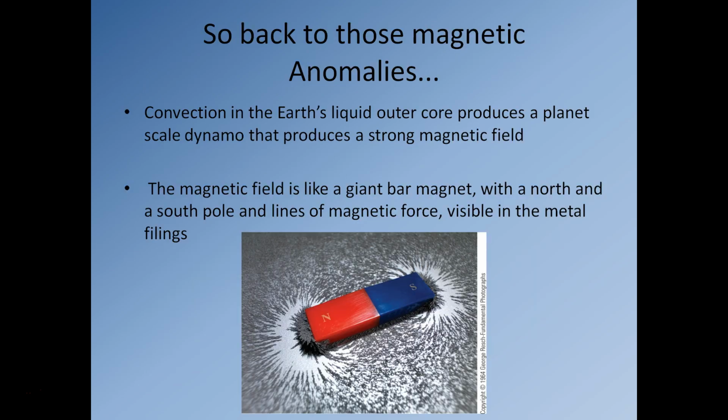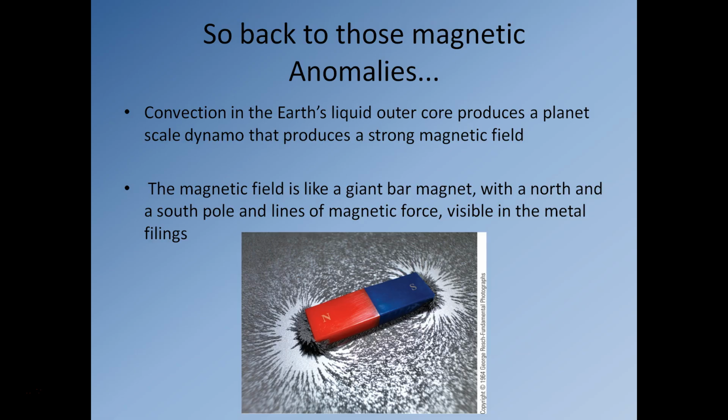I do apologise. Okay, so we're just going to quickly jump back to those magnetic anomalies that Drummond and Vine found. So the Earth's outer core is made up of liquid nickel-iron alloy. As this nickel-iron alloy circulates around in the outer core, it produces electric currents.